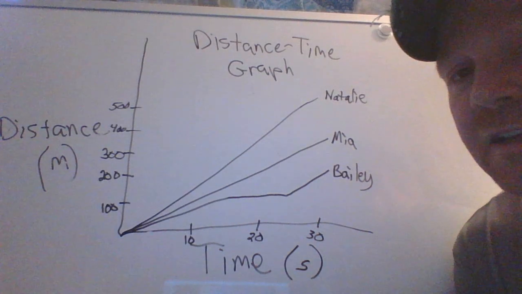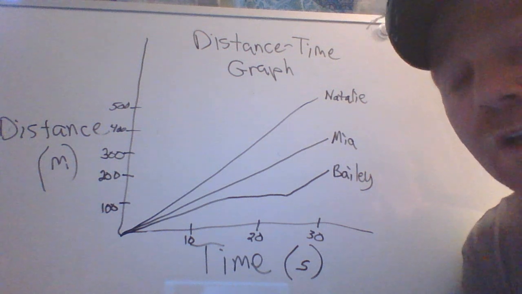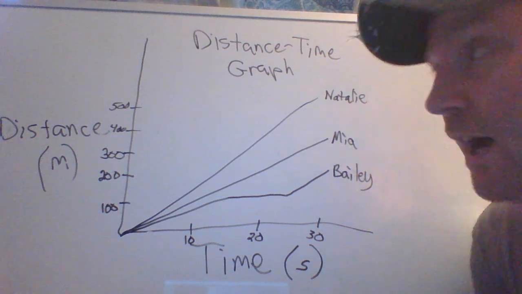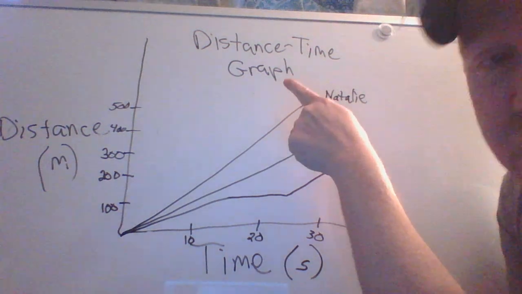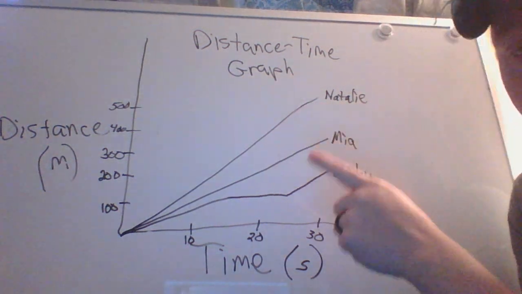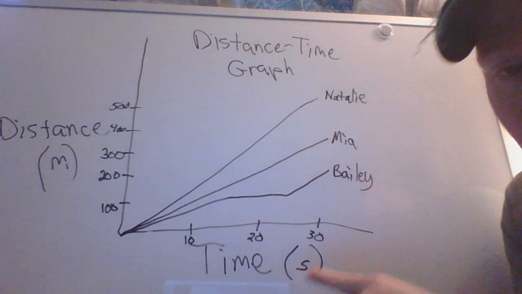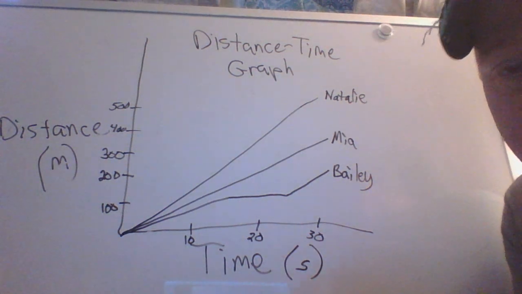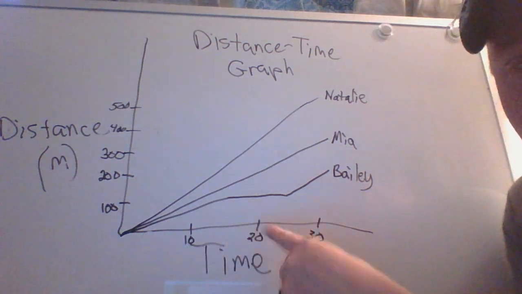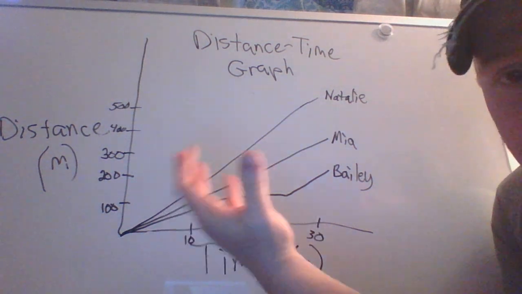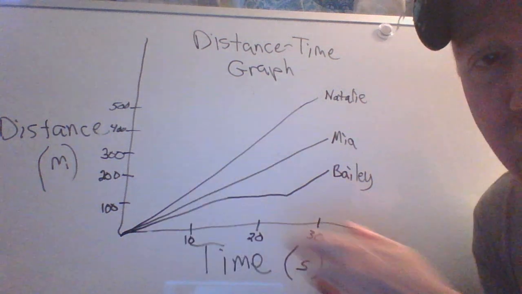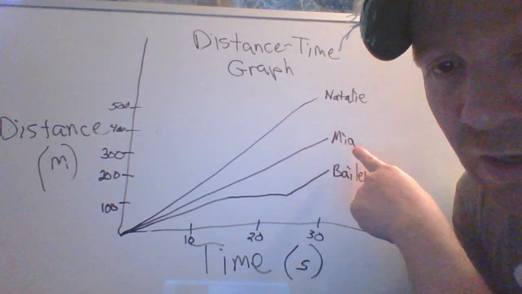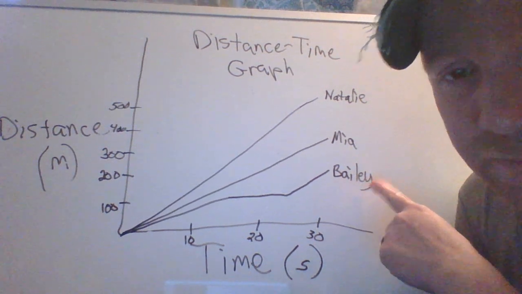Okay, this is what motion looks like with a picture version on a graph. Notice I have a distance time graph drawn. We have time with our units on the x-axis. That's where time is always going to be. So as time is going by, these particular objects are covering a distance. I have Natalie, my oldest daughter, Mia, my younger daughter, and Bailey, my dog.